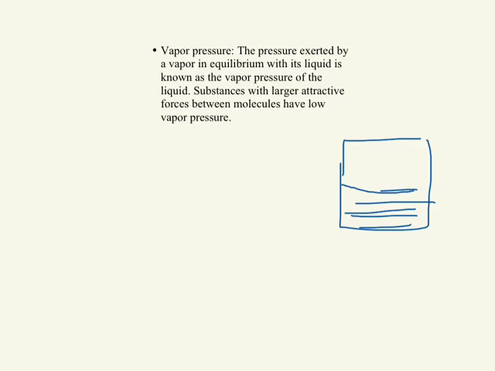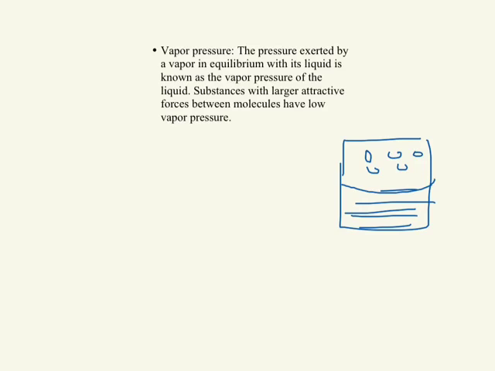Similarly, the next one is the vapor pressure. So let's say we have a closed container, and we have liquid in it. With heat, the liquid particles are changing into vapors. But since it's a closed container, these vapor particles eventually condense back to form the liquid.